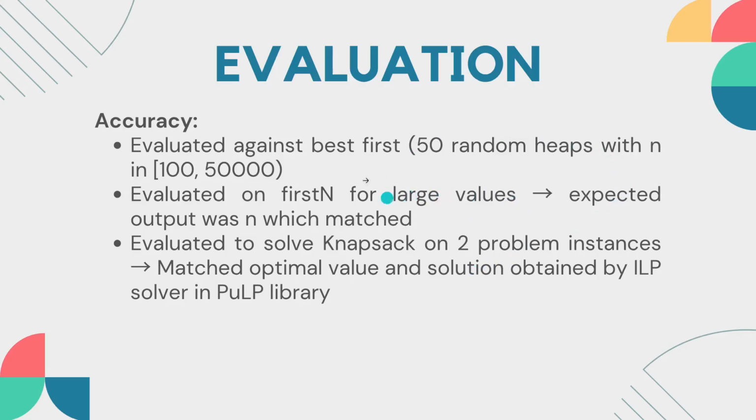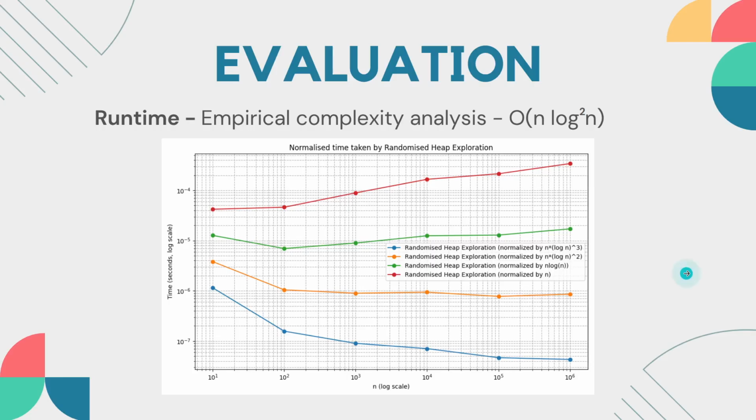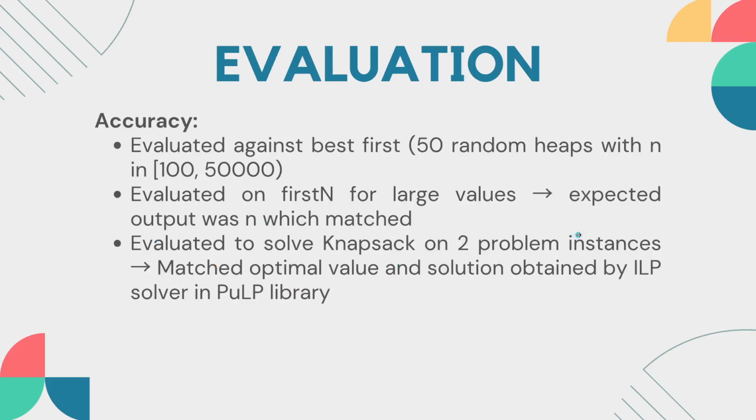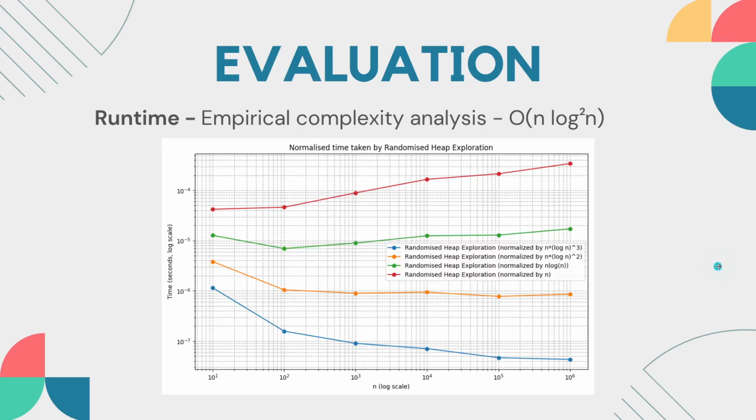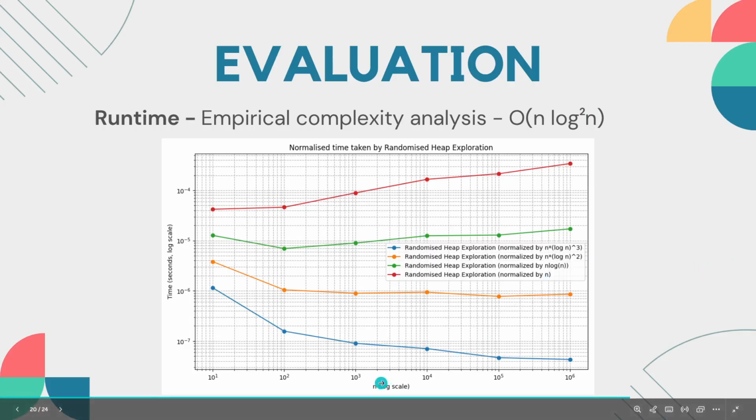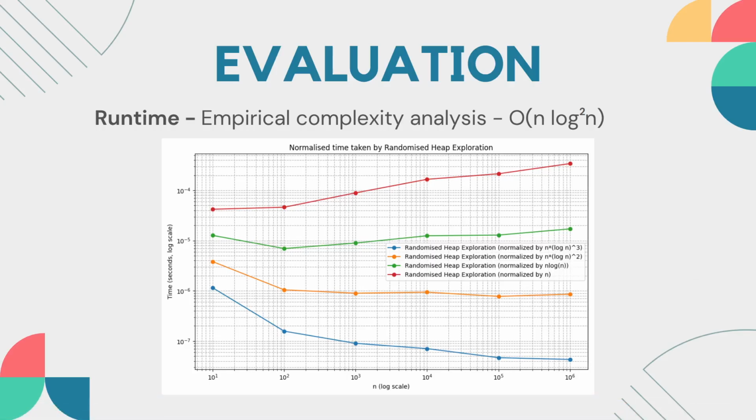For the explicit ones, we compared against best first, and for the implicit ones, we checked using the PuLP library, which has an integer linear programming solver, to validate that the answers we're getting are the same as what their solver is getting. Yes, it worked. And then we did some complexity analysis, seeing how the performance scaled with the value of n, with the number of nodes, or the nth value.